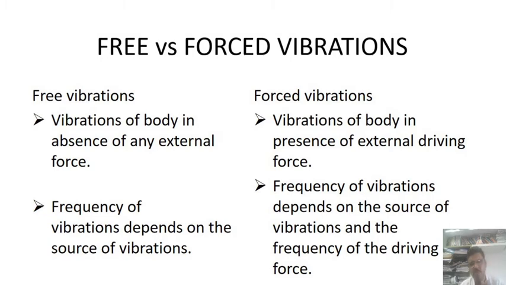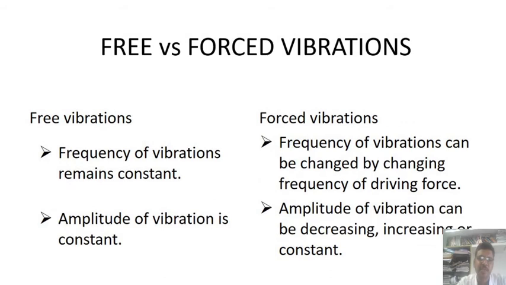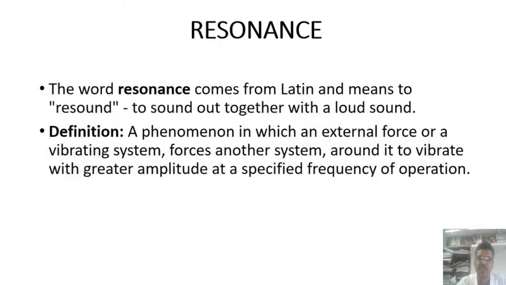For forced vibration, the frequency depends on both the source of vibrations and the frequency of the driving force. For free vibrations, the frequency remains constant, whereas for forced vibrations it changes depending upon the force. The amplitude of free vibration also remains constant, but in forced vibration, changes take place as the applied force increases or decreases, depending upon what kind of external force we apply.